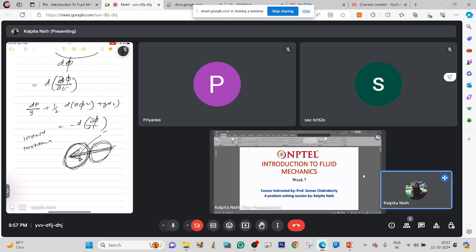So where the temperature is high, the density will be low, and because of this there will be stratification, meaning there is a variation in temperature in both regions. If there is a variation of temperature, there is a variation of density, and if there is a variation of density, then even if the flow is not rotational, even if it is in the same direction, it may become rotational, right? Understood?